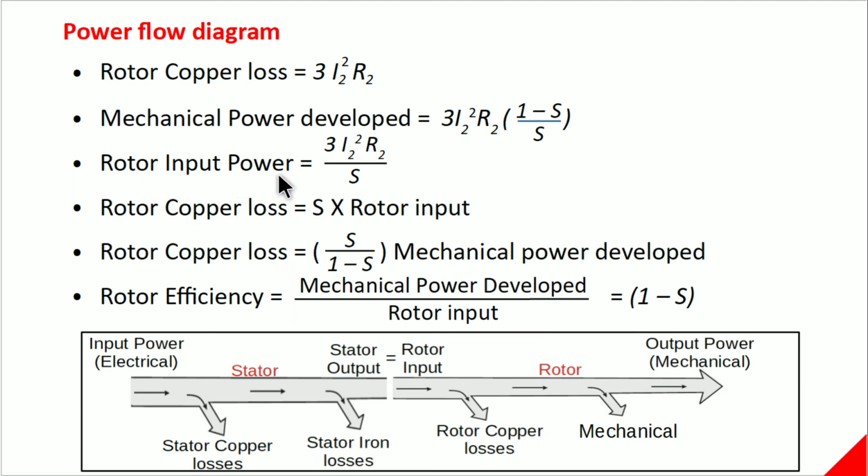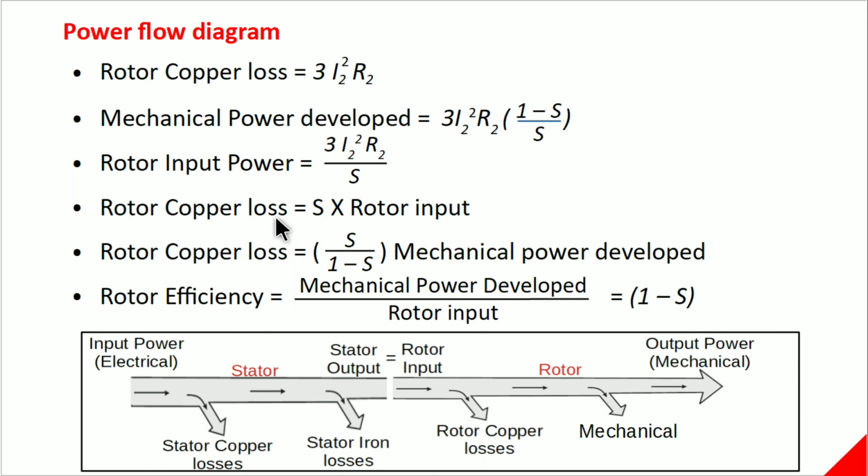And rotor input power, the sum of the above two, is equal to 3 I2 square R2 over S. Now if we divide rotor copper loss by rotor input power, what do we get? 3 I2 square R2 cancels, and 1 over S inverted comes out to be slip.